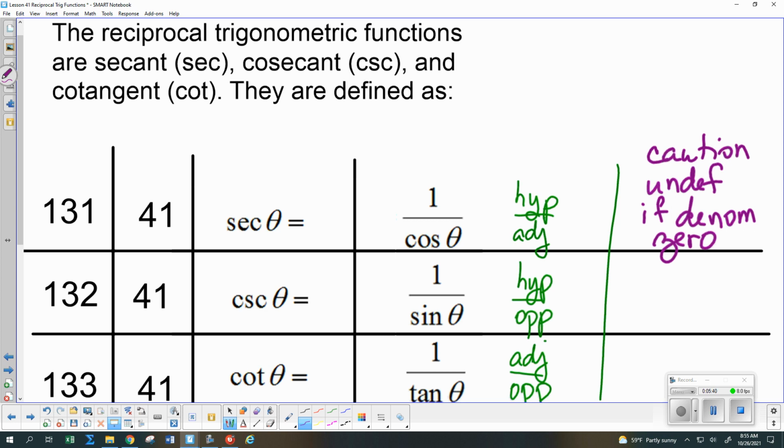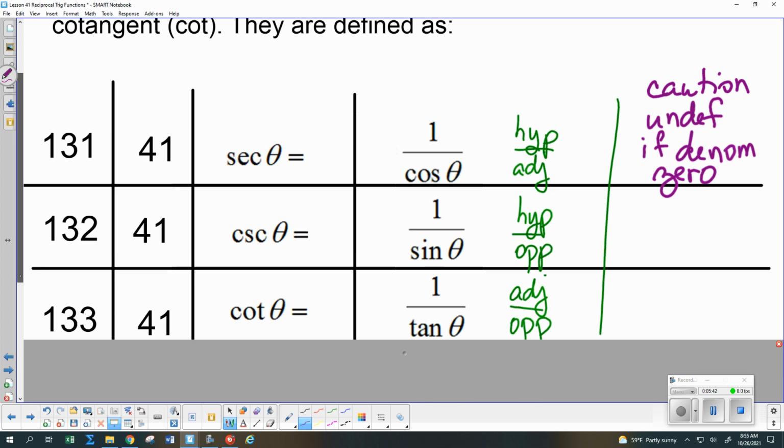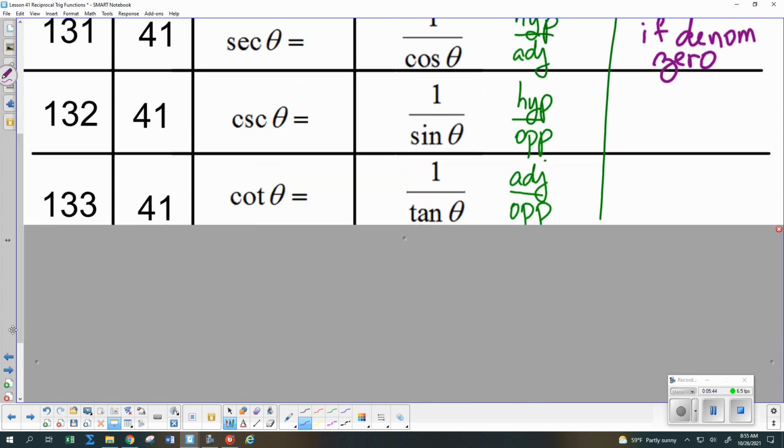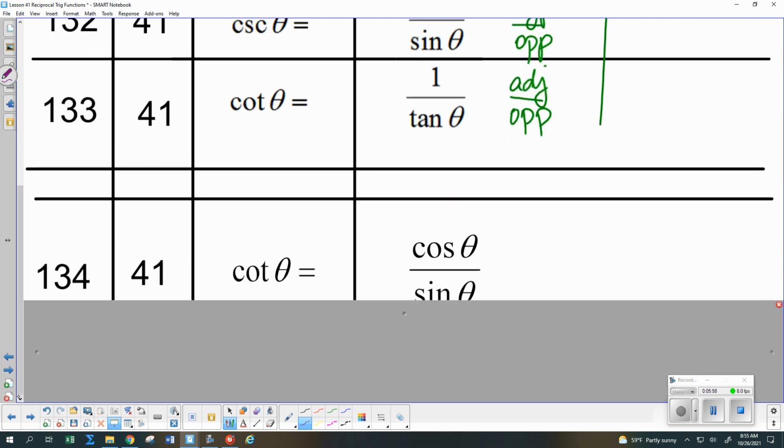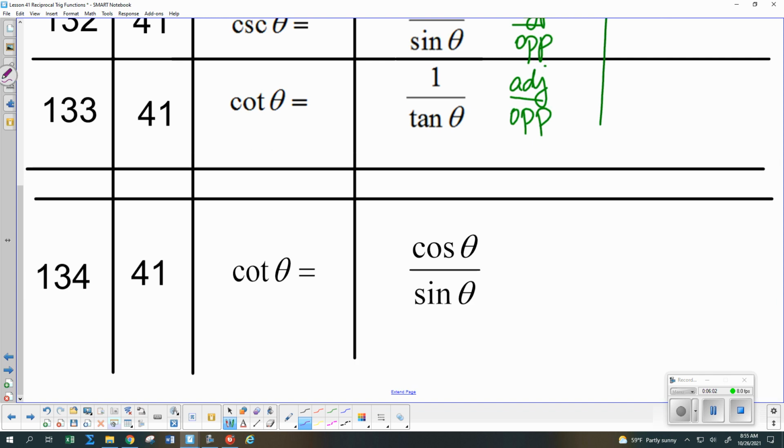Now, special case with tangent, because tangent we already had some places where it was undefined. And so if I take 1 over undefined, what does that mean? I know 1 over 0 is undefined, but what is 1 over undefined? So in that case, we would think about the other definition for cotangent. We've seen that tangent is sine over cosine.